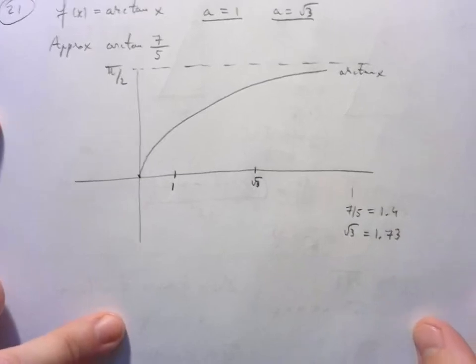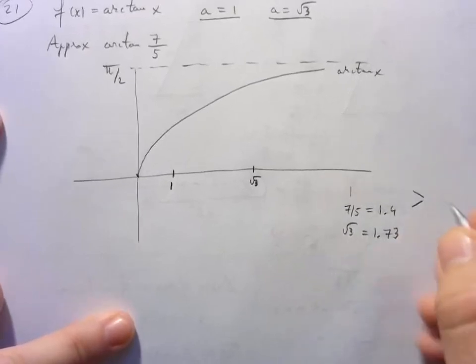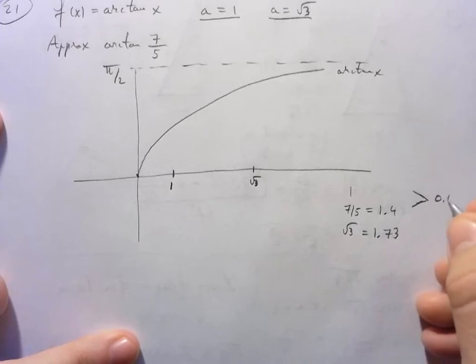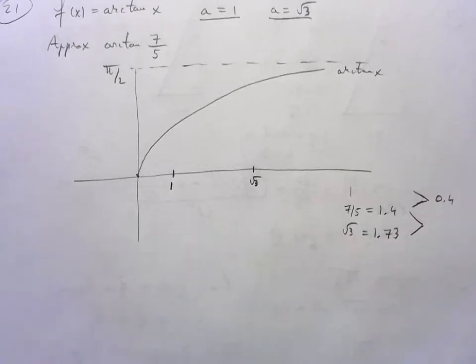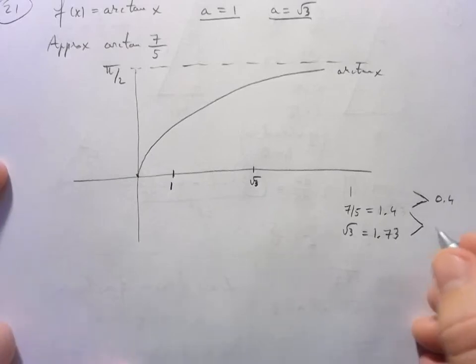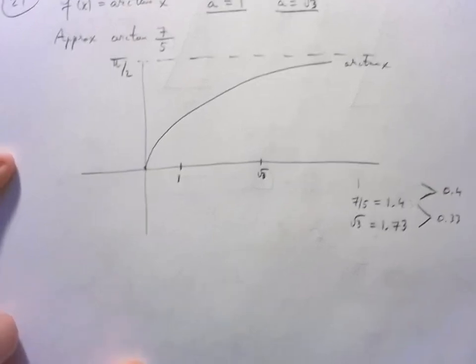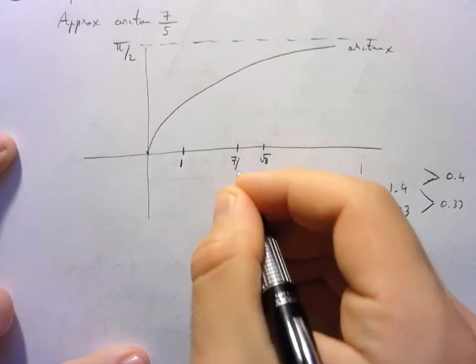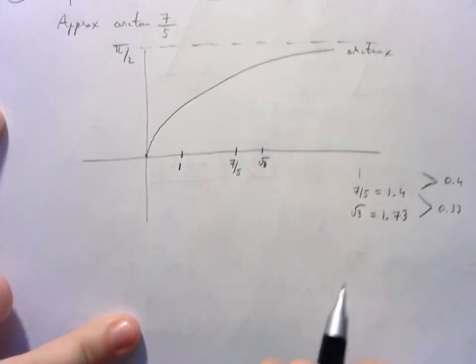So notice the difference here between 7/5 and 1 is going to be 0.4, whereas the difference here is going to be much smaller, right? It's about 0.33.